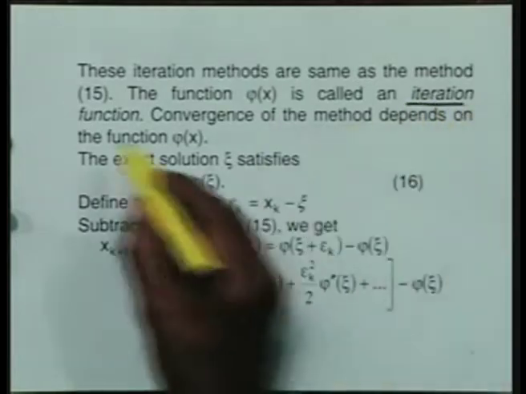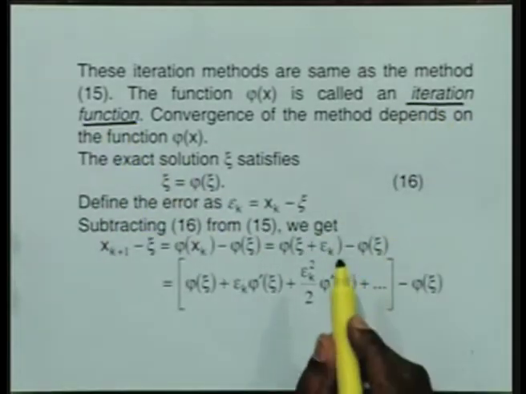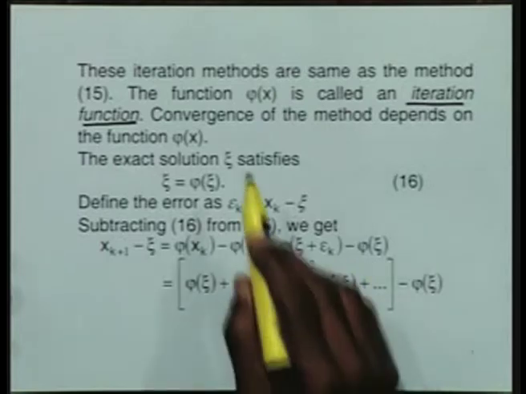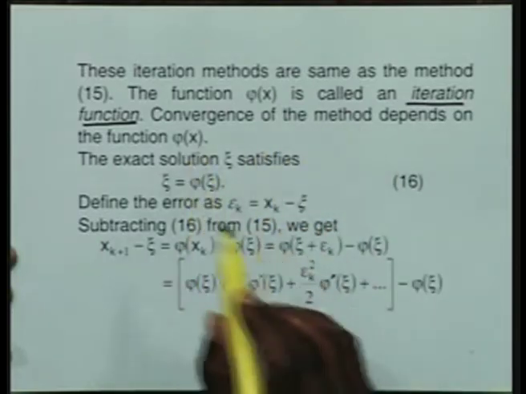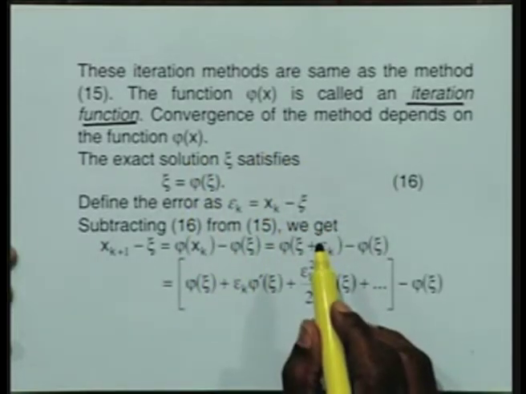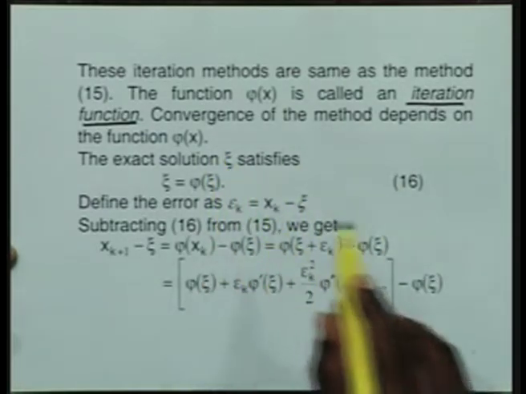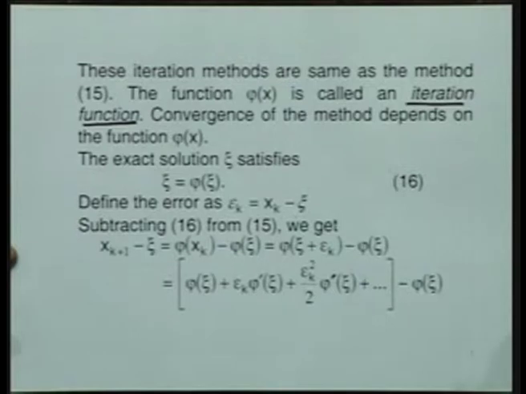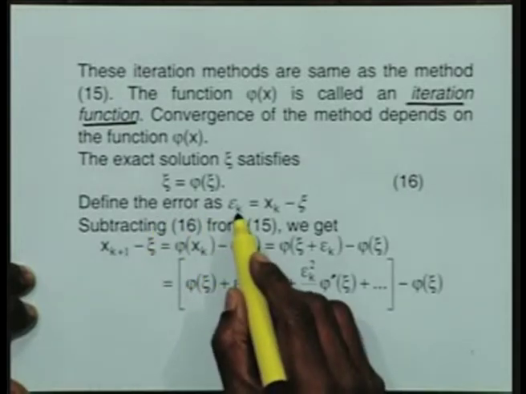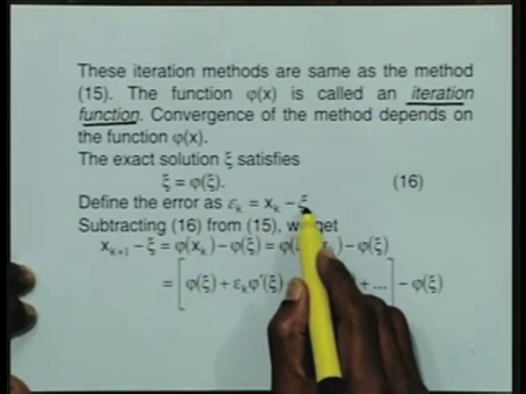We shall call this phi(x) that we are using an iteration function. So, everything depends on this iteration function. The convergence of the method depends on the function phi(x). Whatever we are discussing about the convergence is identically the same as what we have done for finding the convergence of other numerical methods. So, we define the error as epsilon_k = x_k - xi.